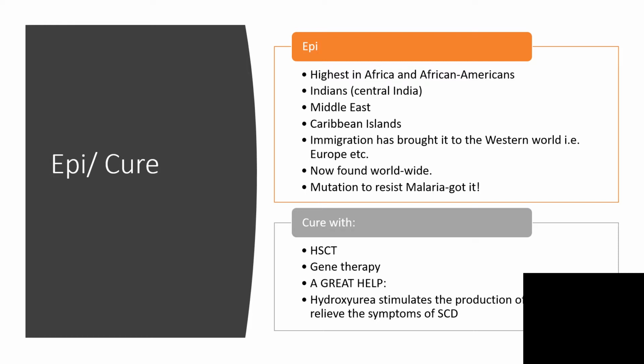However, immigration has not kept the Western world, that is, European countries and even North America, out of the problem, because with immigration, many cases have been brought to the Western world. So we can conclusively say that sickle cell disease is found worldwide.